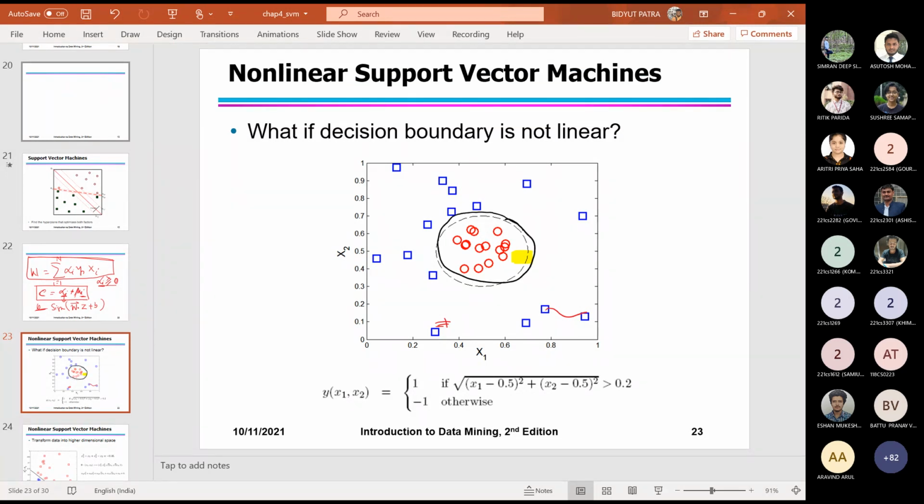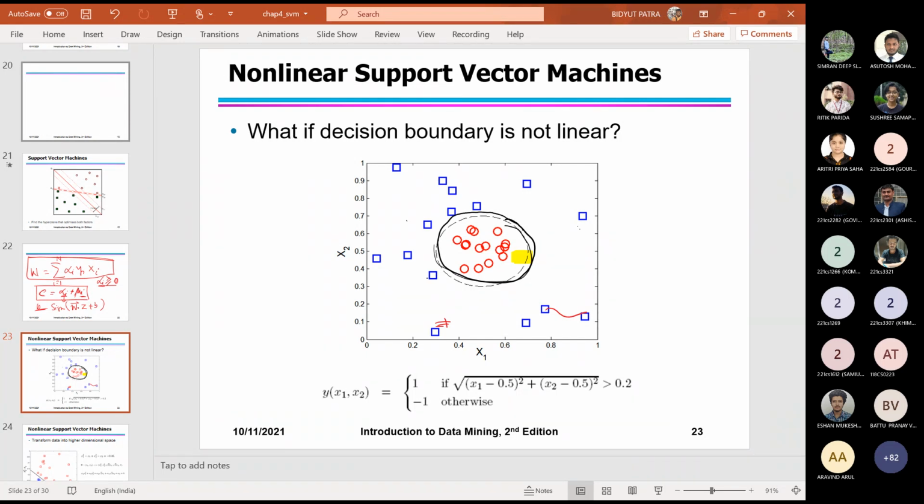Okay, so in that case what we have to do, we can still get a decision line which is linear if we project this sample into some higher dimension. Okay, so here the decision line is something like that. So this is the equation of a circle. Okay, if it is outside, it is a positive class, otherwise inside it is the other class.